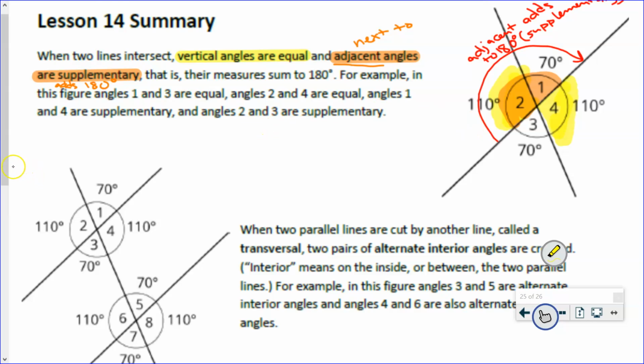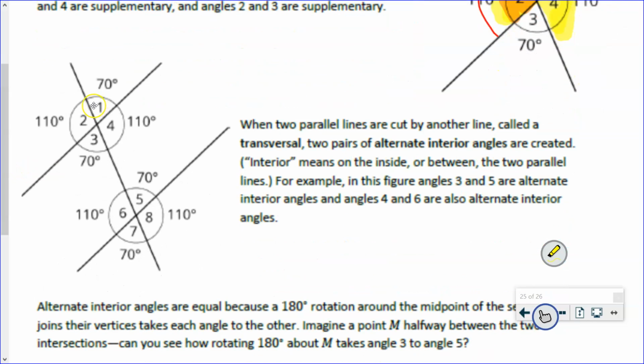Okay? When I now add in a parallel line, we have another property, and that is the alternate interior angles that we saw today. When 2 parallel lines are cut by another line, remember that's just called a transversal, we end up with 2 pairs of alternate interior angles. So again, let's take a look at that. Interior means that they're going to be on the inside.